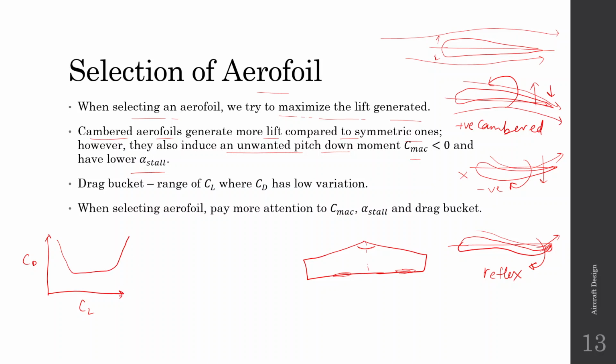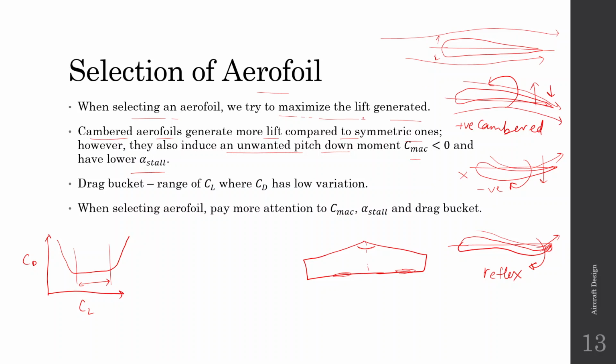There is a region of CL where the drag does not change much, and we would like to fly in this region. Okay, we would like to operate in this region, and we would like this region to be as big as possible, or at least sufficiently big.